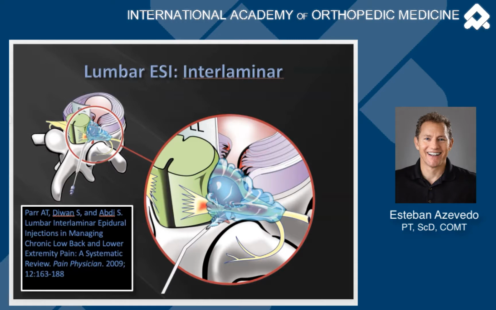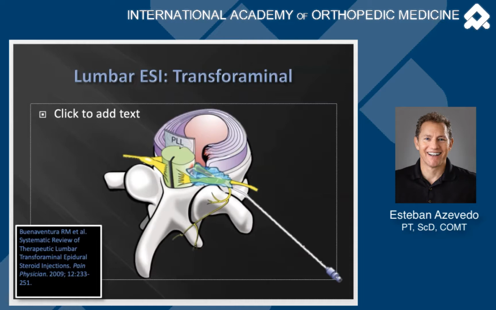And so they could do this procedure in the neck, the upper back, low back, anywhere along the spine, really. But the most common areas are the lower neck, like C5 to C7 is where the discs tend to have the most problems in the neck, and the lower lumbar spine, L4-5 and L5-S1.